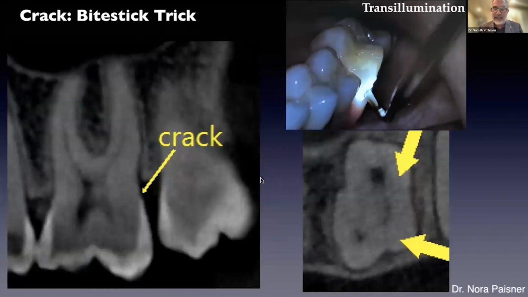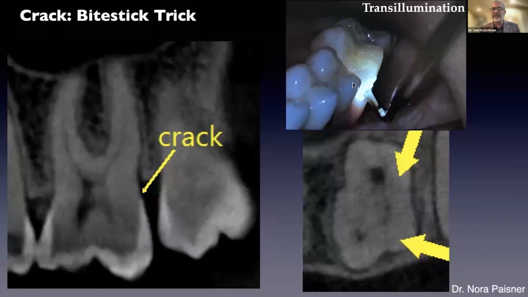Another trick, and this is clever, is we use a tooth sleuth or a bite stick to demonstrate the possibility of a fracture. If you suspect a fracture, have the patient bite on a wooden stick when you're taking the cone beam. And what it's going to do is separate the pieces of the tooth where the crack is.